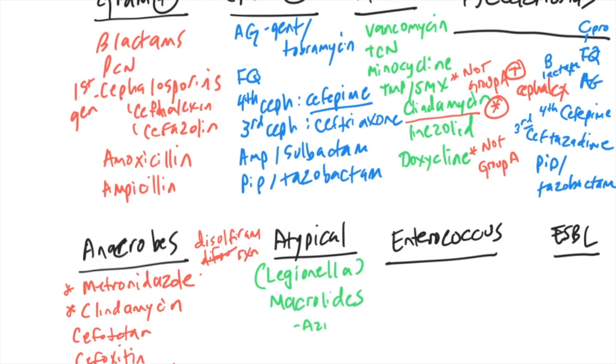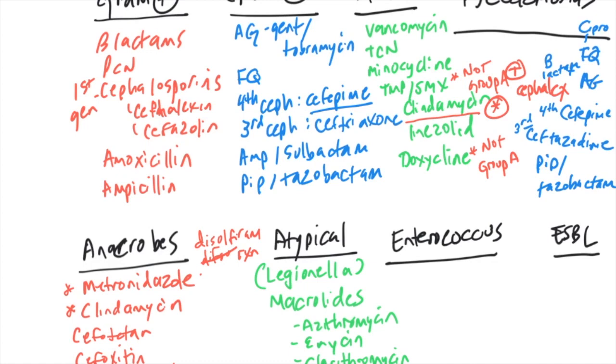And that includes azithromycin, erythromycin, clarithromycin. You'll primarily see azithromycin in combination with a third-generation cephalosporin for empiric treatment of community-acquired pneumonia. But that's pretty much it for this category.